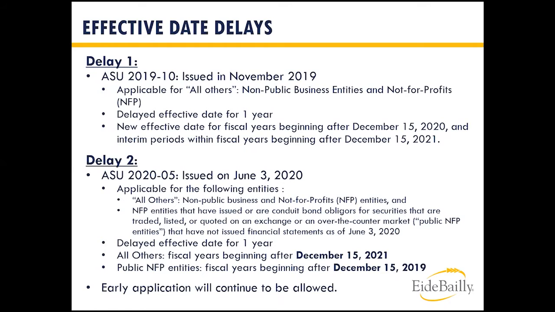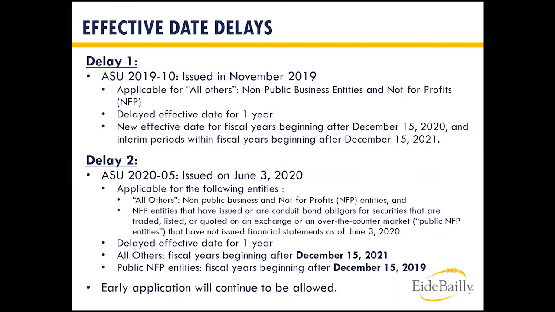I'm going to break this into 2 pieces as far as that deferral goes. One is we use the term all other, meaning non-public entities. So privately held businesses, not-for-profits. They got deferred another year. So now their implementation year will be 2022.